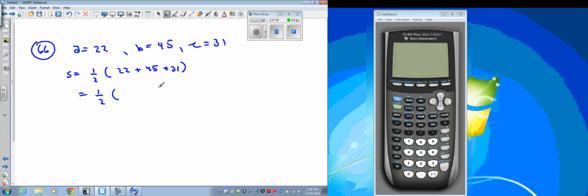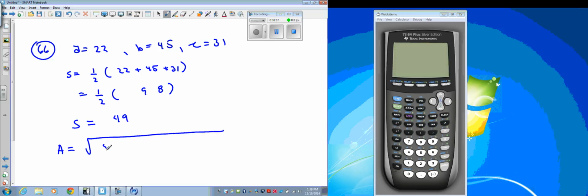So if I did it right, S is 49. Then the area is going to be the square root of S times S minus A times S minus B times S minus C.